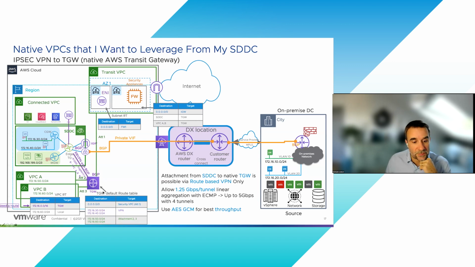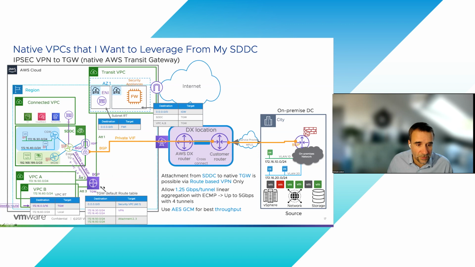The default route will have to go to the security VPC, and any other traffic, for instance traffic to the SDDC subnets, would go over this VPN session, and traffic to the other VPCs would flow over attachments 2 and 3, which are the VPC native attachments.